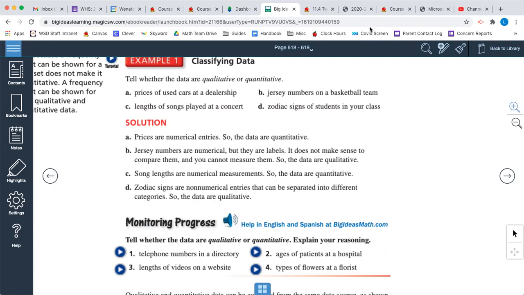It wouldn't tell you anything. So even though telephone numbers are numbers, they're qualitative data because it doesn't make sense to do any of those operations on telephone numbers, because they're not really connected in any meaningful way, in contrast to ages of patients and the length of videos on websites.